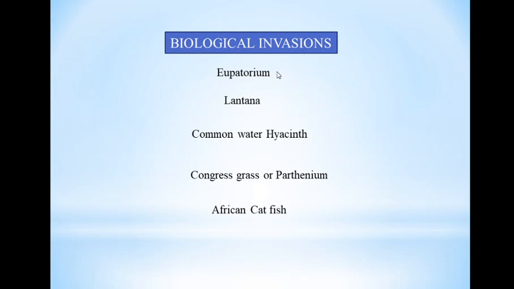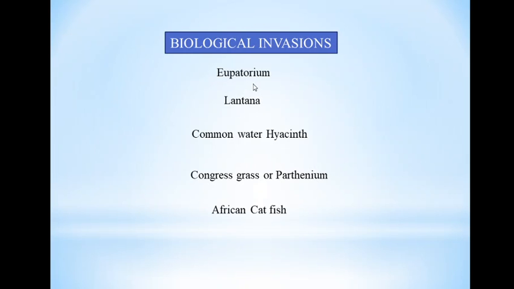So what happens? This eupatorium has been brought from America, and it is growing in India in the moist places. It has occupied its place in the Western Ghats and the northern and Himalayan regions also. So it has become a big problem to the biodiversity because it is supporting forest fire.